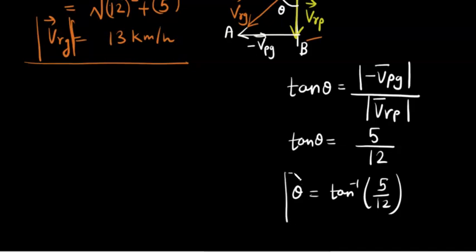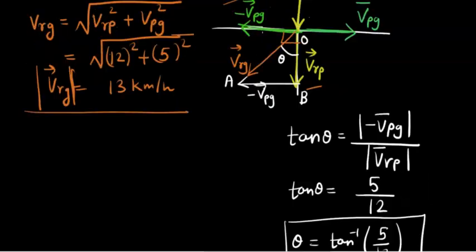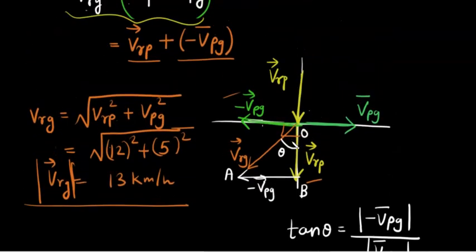So the rain is falling at an angle of tan inverse of 5 by 12 with respect to the vertical. So the rain is actually falling like this, and when the person walks, it gets turned by a certain angle, and it appears to that person that it is falling on his head vertically.